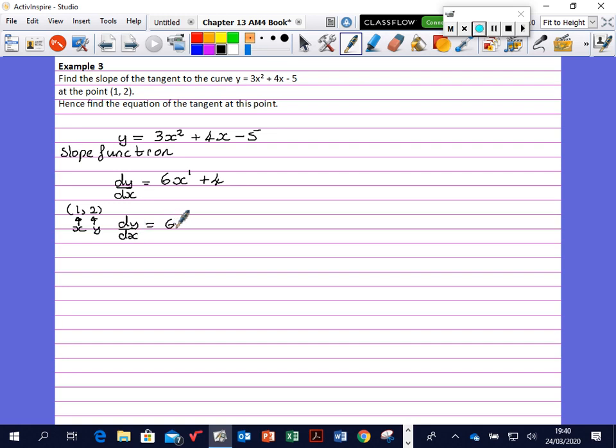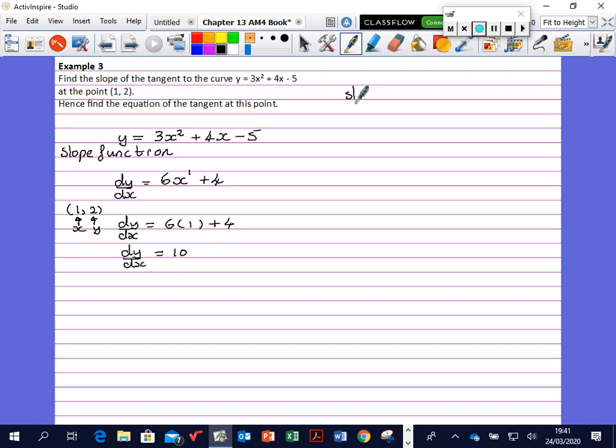Therefore, I can substitute it in using the empty bracket method and very quickly get a slope dy/dx equal to 10. And indeed, I've answered the first part of this question. I found the slope of the curve at the point where x is equal to 1 and y is equal to 2.